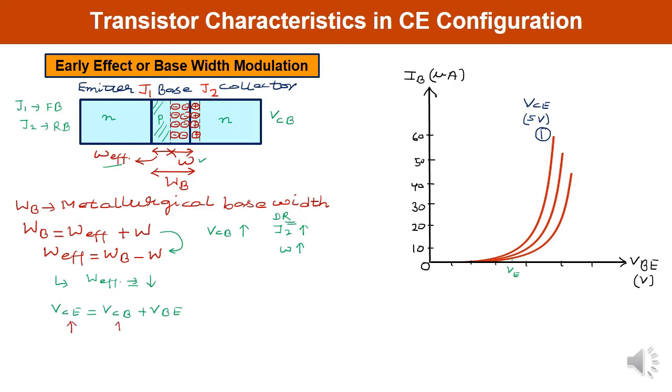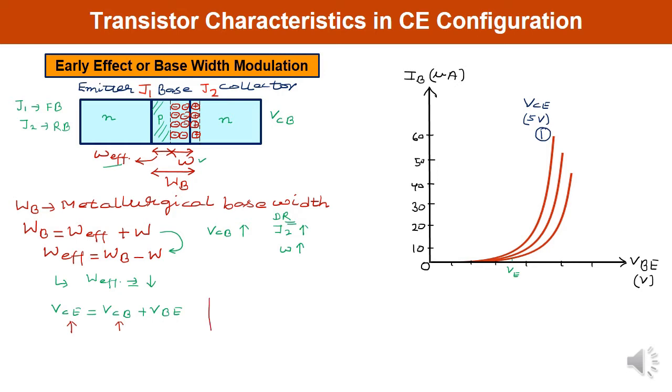VCB will also increase, and by increasing VCB, the width W of this depletion layer which is extended is also increased, and W effective decreases. It means the region where recombination takes place decreases, and electrons emitted from the emitter will recombine less in the base region, and most of the electrons will be collected by the collector.